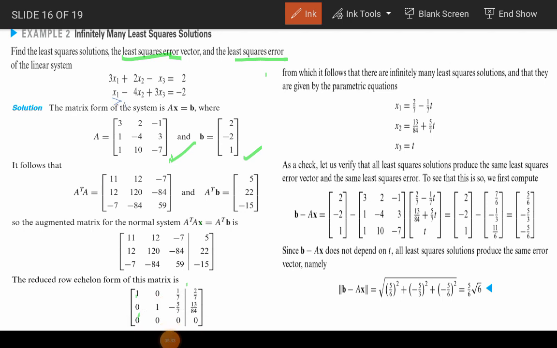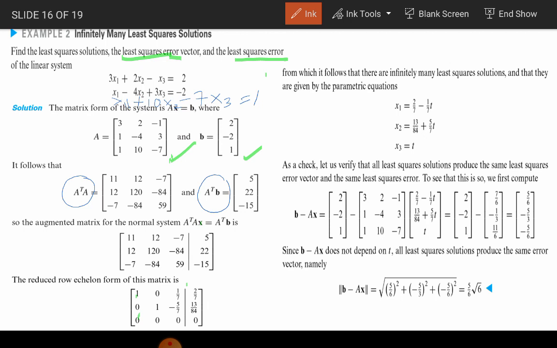Actually there is one more equation, x1 plus 10 x2 minus 7 x3 equals 1. So you will get the form of the matrix like this, and b equals 2, -2, 1. It follows that you have to find A transpose A and A transpose B.